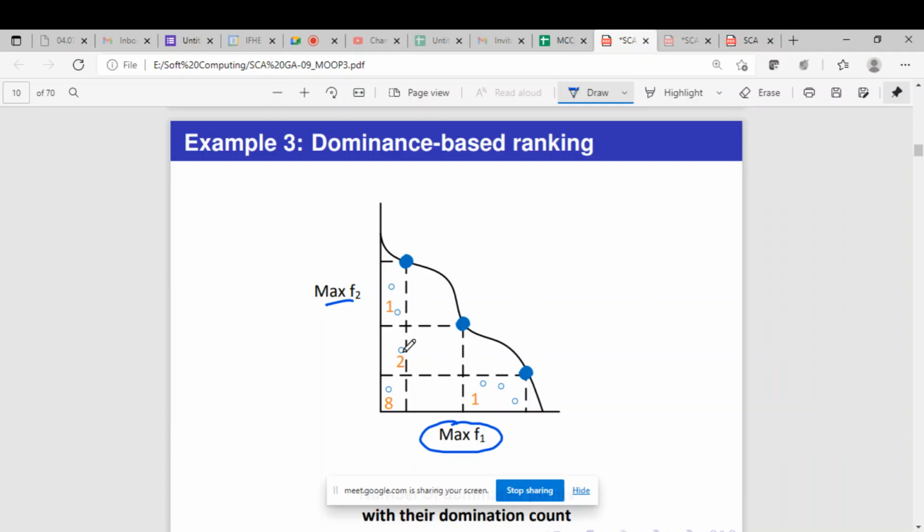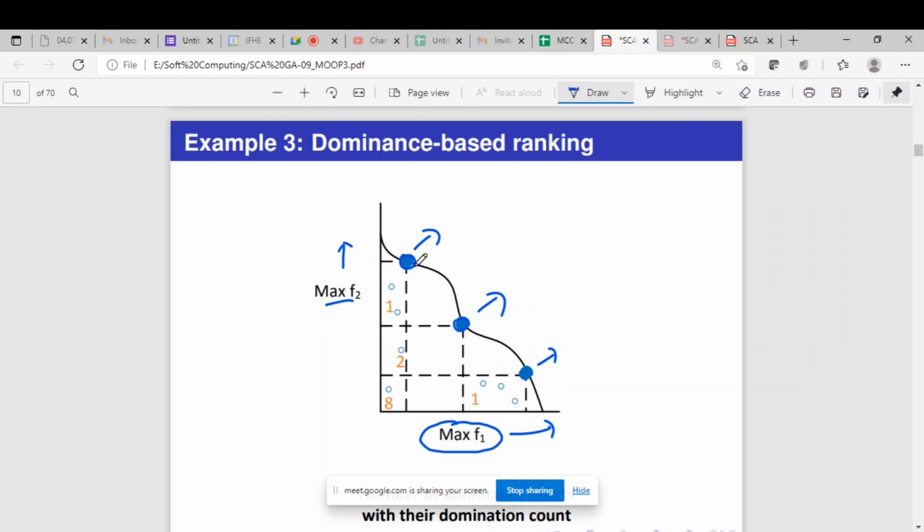Okay. Sorry, this is also a solution. You consider this also as a solution. 1, 2, 3. This is also a solution. Say this is the Pareto optimal front, because we are maximizing this and we are maximizing this.